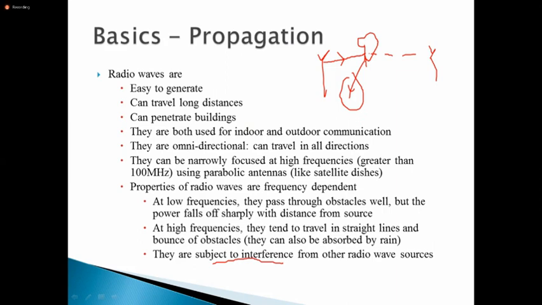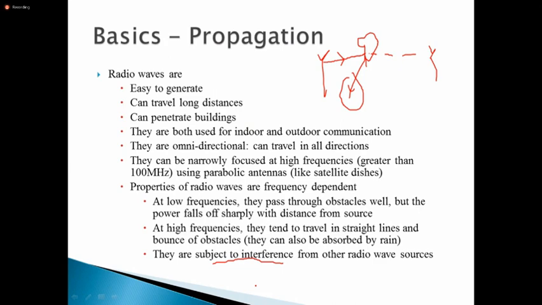That's the reason why, right? One of the reasons why we used frequency reuse is the limited radio frequency spectrum, and the other one is to reduce interference. So radio waves are always subjected to interference. That's a very adverse effect when we do radio wave propagation.